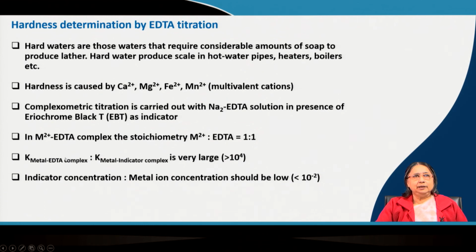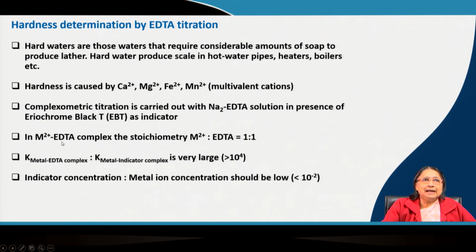And if you compare the K value, that is the equilibrium constant, or in the case of complex you can call it stability constant or formation constant, you will see that K of metal EDTA complex compared to K of metal indicator complex is very large, it is more than 10 to the power 4, that means it is very stable.